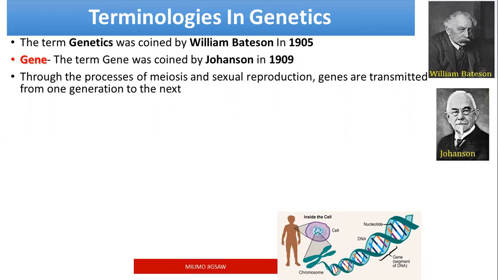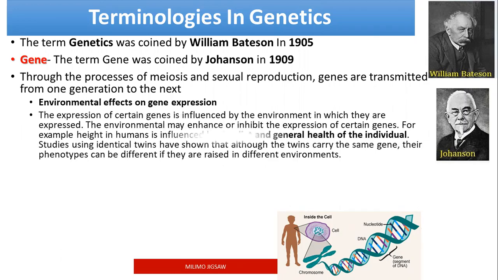And so through the processes of meiosis and sexual reproduction, genes are able to be transmitted from one generation to the next generation, from the parent to the offspring. And then we see that the environment also has an effect on gene expression. It plays a role.